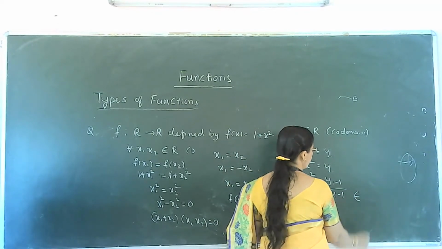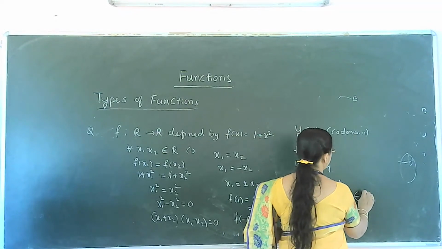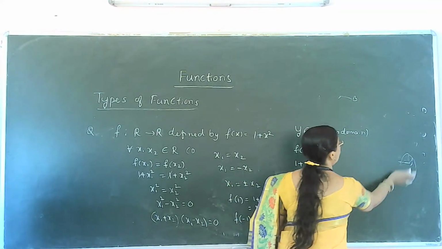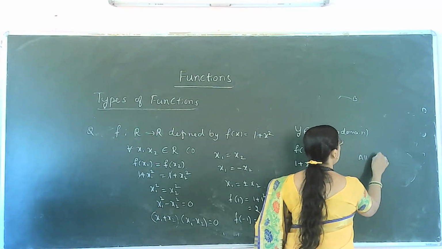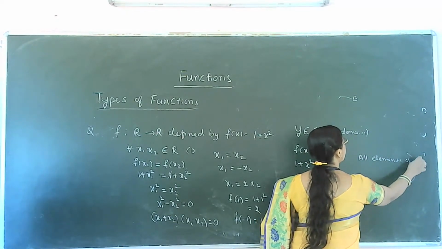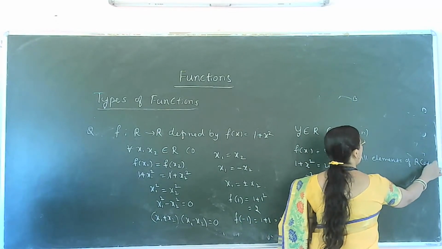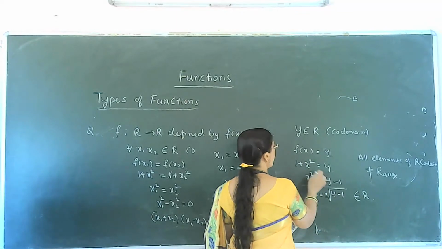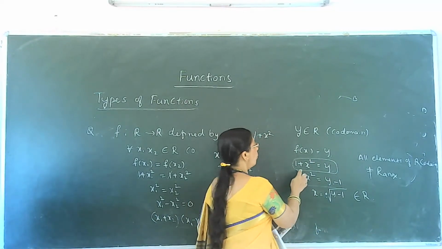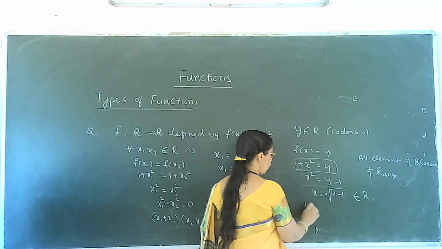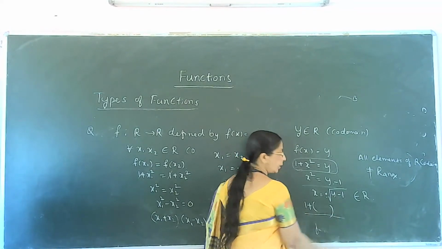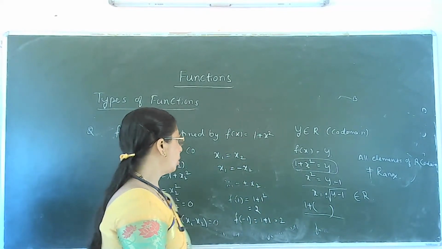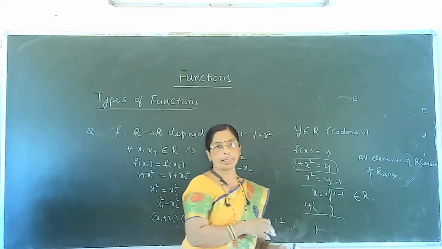But here, x belongs to R. But all elements of R, that is the codomain, are not equal to the range, because for 1 plus x square, every element greater than 1 is an image of the elements of x.